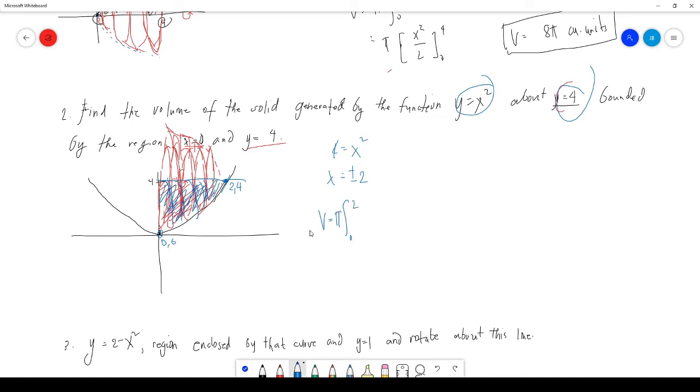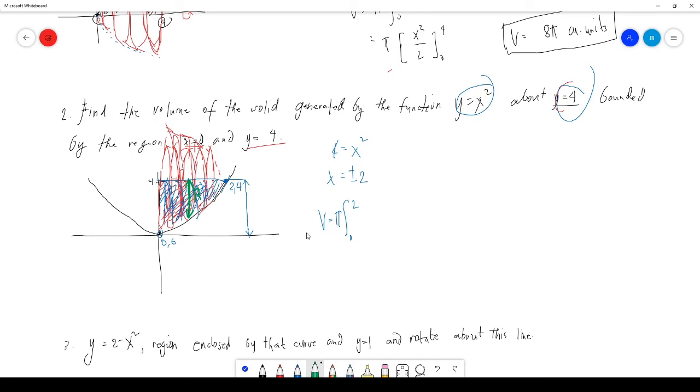Now our problem is, this is 4. The whole part of this one is 4. We need to find only this point here. The region bounded here only, right? So this is the radius or the f of x.